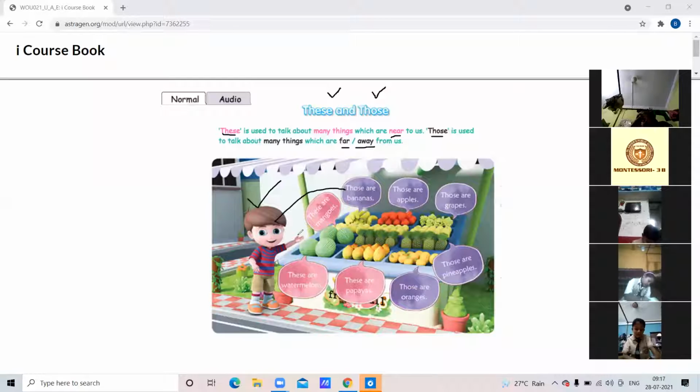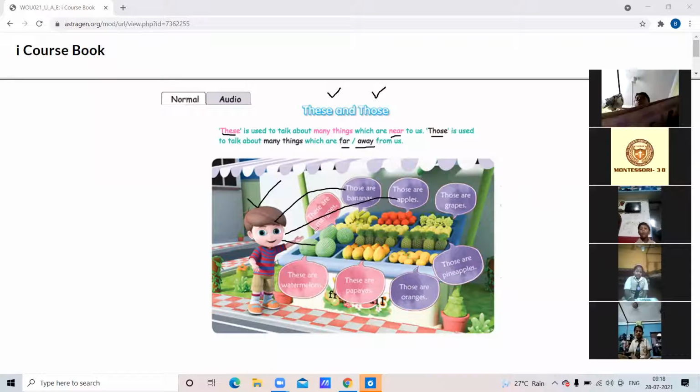And the things which he can see near, like watermelon, is near, so he will say these are watermelons. The things which are far, we always use those. The things which are near, we use these. The apples are far away from him, so he will say those are apples.